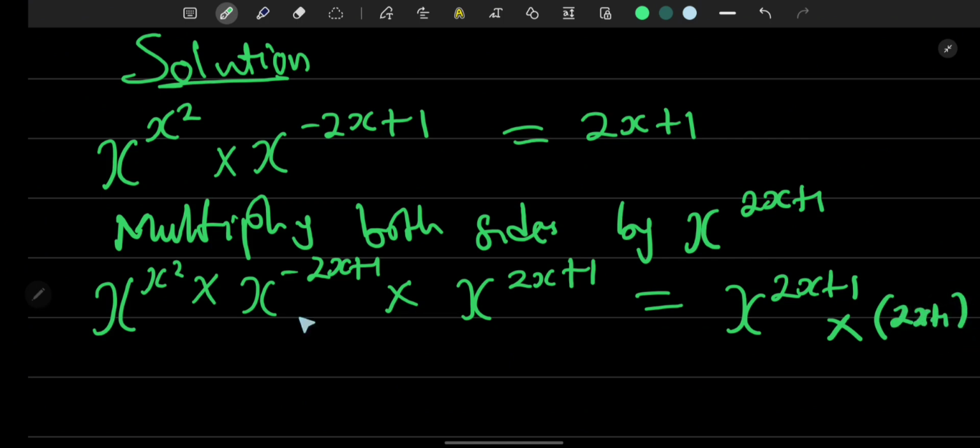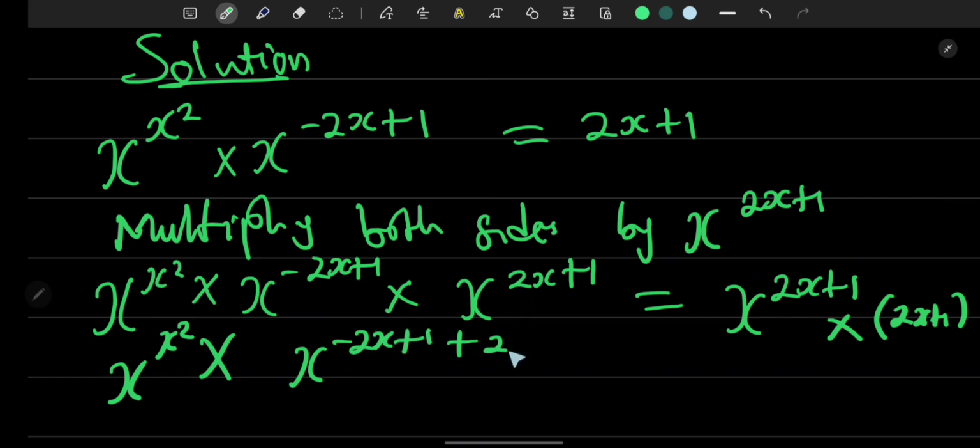Now using the law of indices for this one, this and this, we're gonna have x squared times x to the power of minus 2x plus 1 then plus 2x plus 1. I'm sure we know that from the law of indices, when you have x raised to the power of a times x to the power of b, this can be written as x to the power of a plus b.